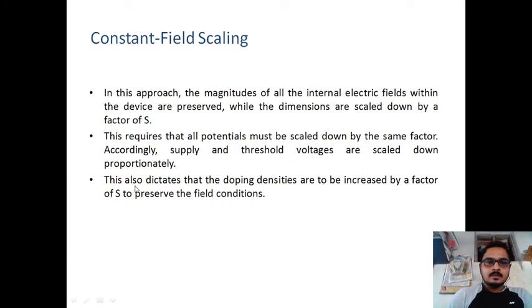Okay, these also dictate that the doping density is to be increased by a factor S to preserve the field conditions. When the internal electric field is constant, we need to scale the doping density too, and we will see that one.